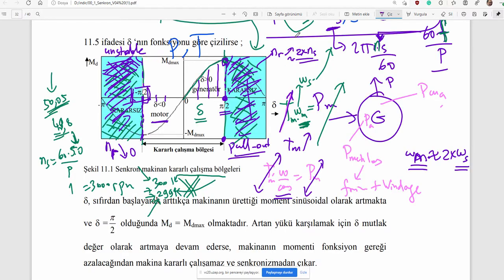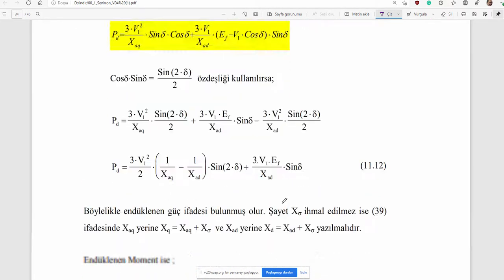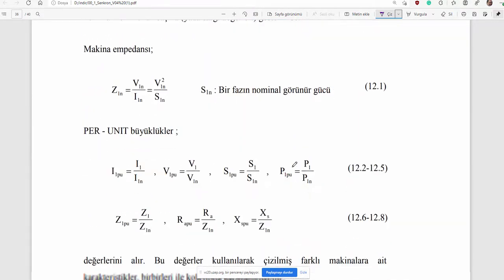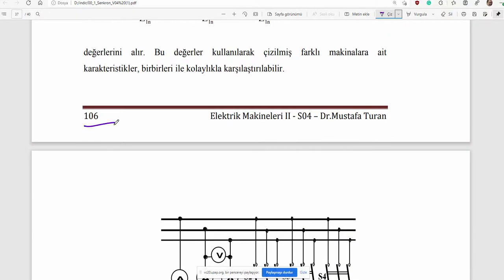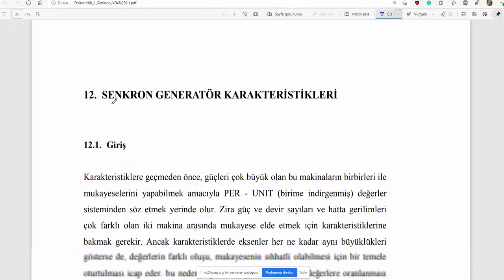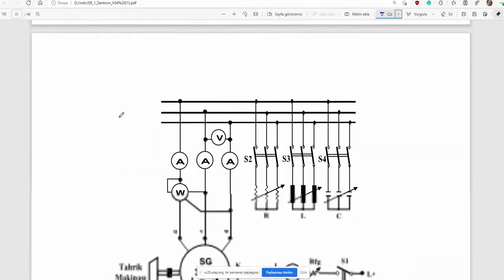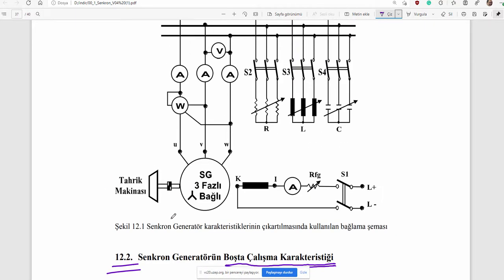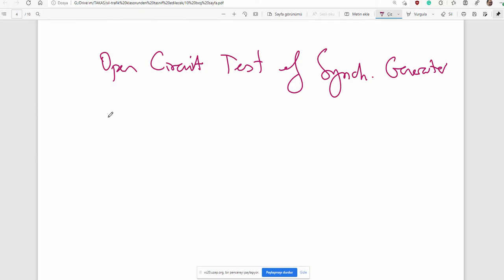In fact, that topic can be found on the Turkish pages, page 106, generator characteristics. As a first characteristic, here is the no load characteristic. It is given here: to conduct the no load characteristic or open circuit test.